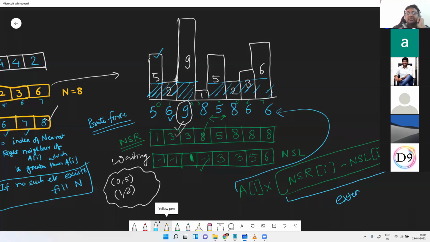This is telling you the extension formula. 2 can be extended 3 times, so it is 3 into 2 is 6. 9 can be extended only 1 time because 3 minus 1 minus 1. So the difference of these minus 1, this is 2. Difference of these minus 1, 3 minus 1, it is 3. This is 1 and so on. This we multiplied with array A and we got the final answer. Yeah, understood.